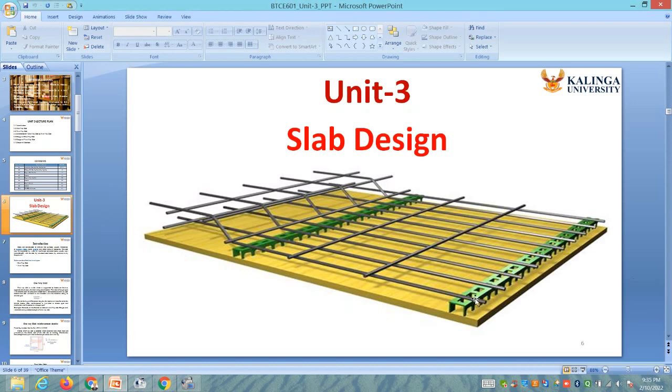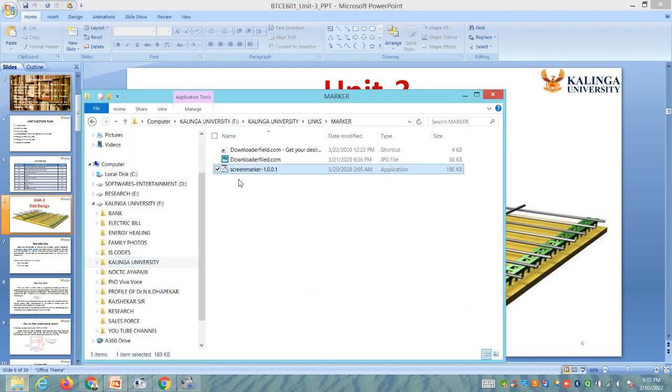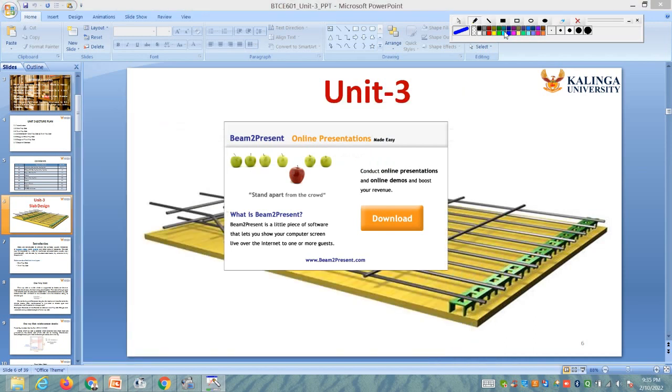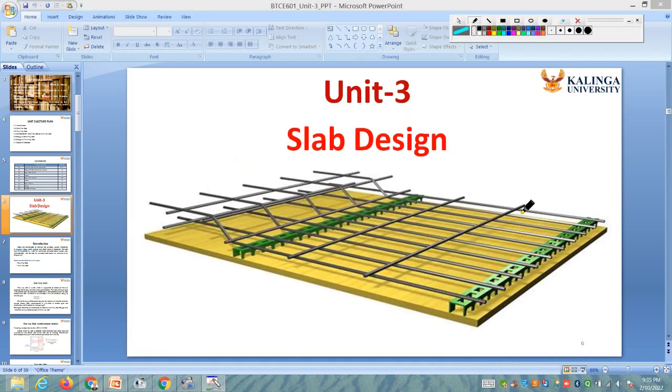So, see here in my presentation also, it is quite visible that this is the reinforcement. See here, these are bent up bars, right? So these bars are bent up like this.